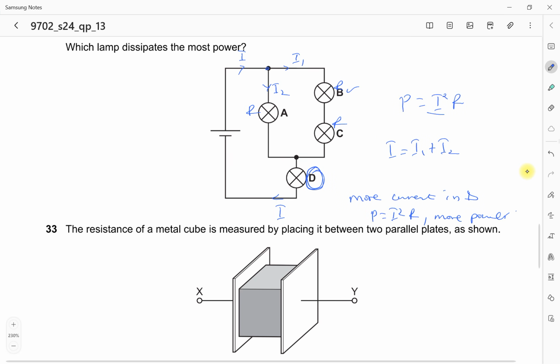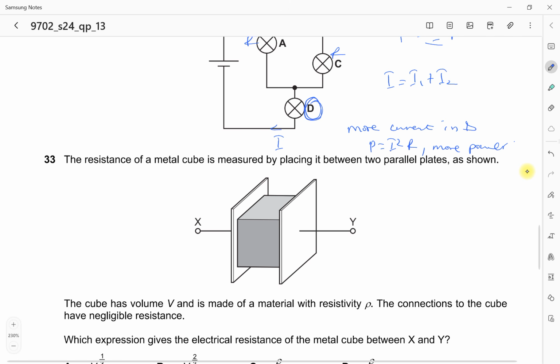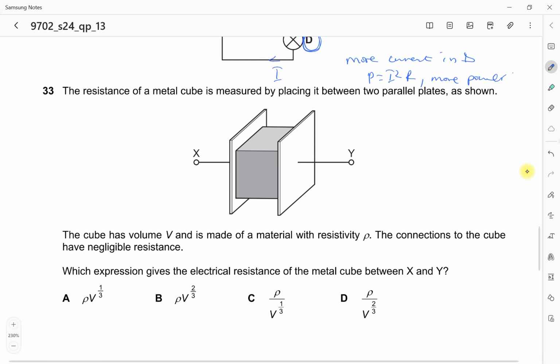The resistance of a metal cube is measured by placing it between two parallel plates. The cube has volume V and is made of a material with a resistivity rho. The connections to the cube have negligible resistance. Which expression gives the electrical resistance of the metal cube between X and Y?